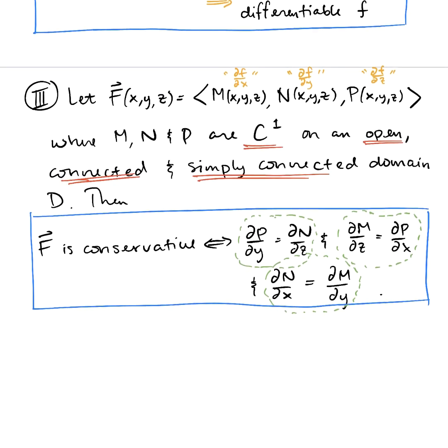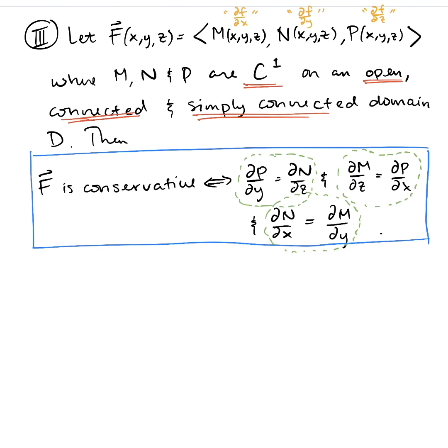One remark here on theorem 3 before we go. If you were considering, in the special case, where f is a 2D vector field, so m depends only on x and y, second component n depends only on x and y, and no other components.